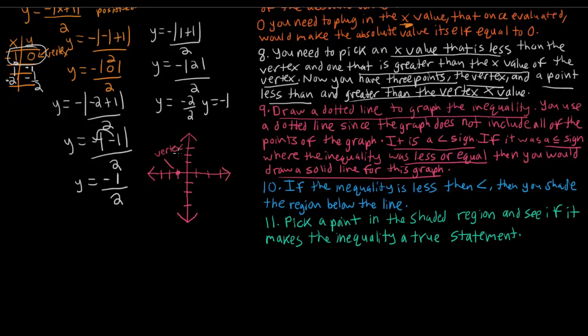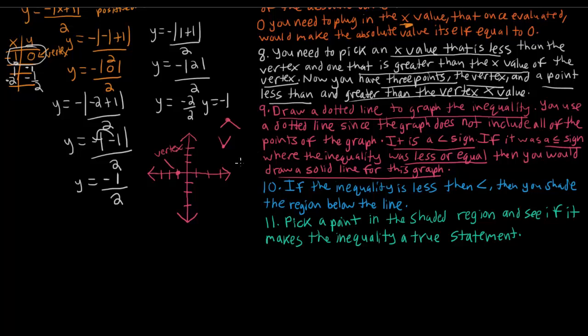And remember, like with an absolute value, the vertex is just the point where the other 2 lines go off from. It's kind of like the bottom of a V. That's your vertex.